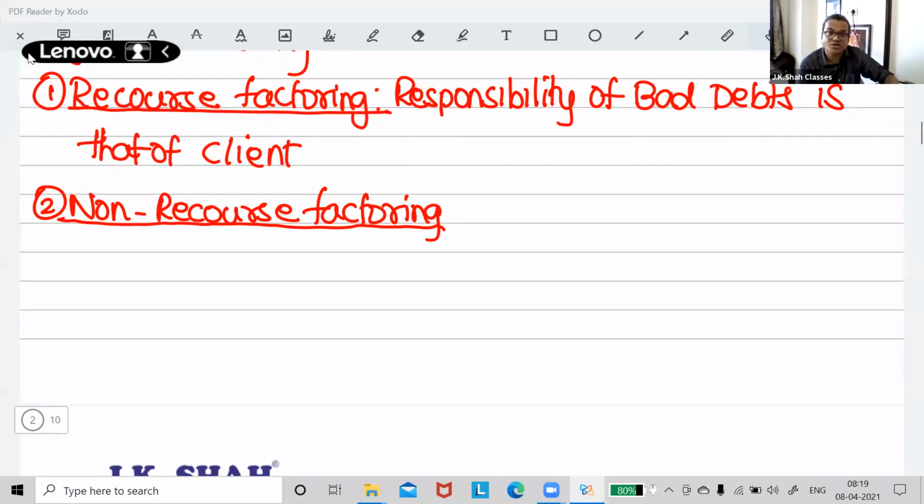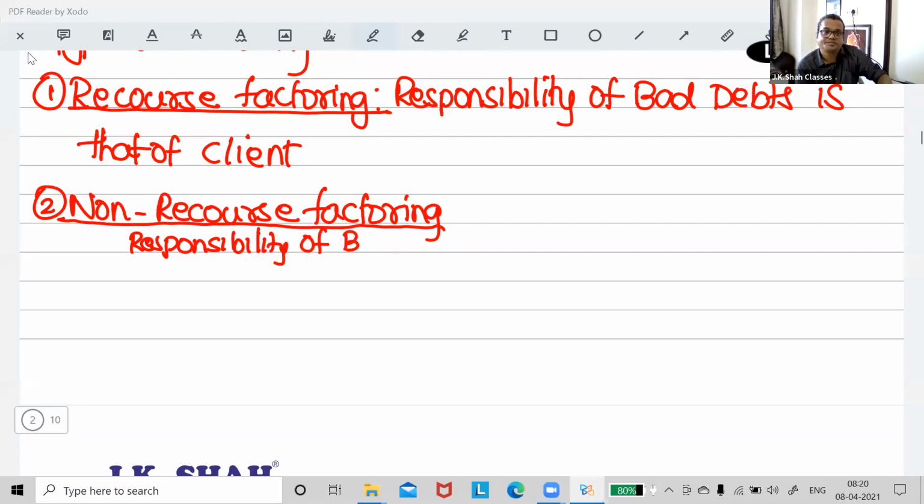So non-recourse factoring: responsibility of bad debts is that of the factor.